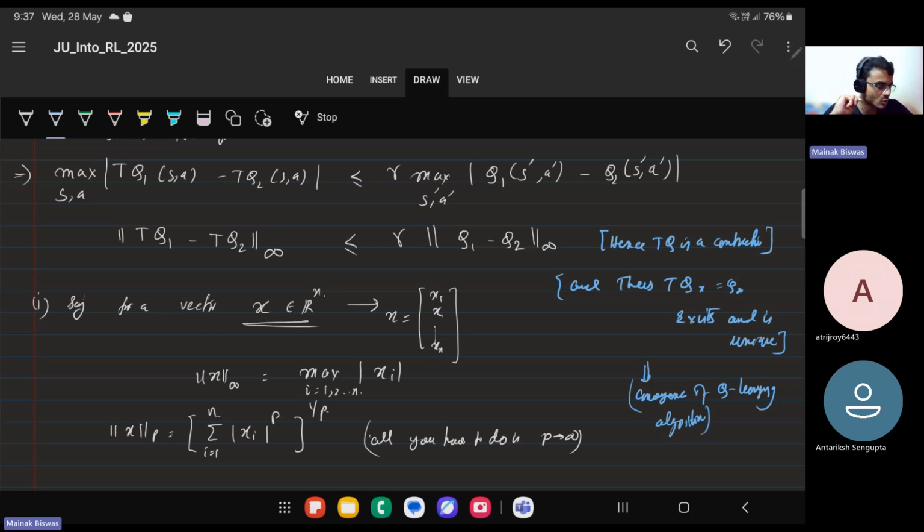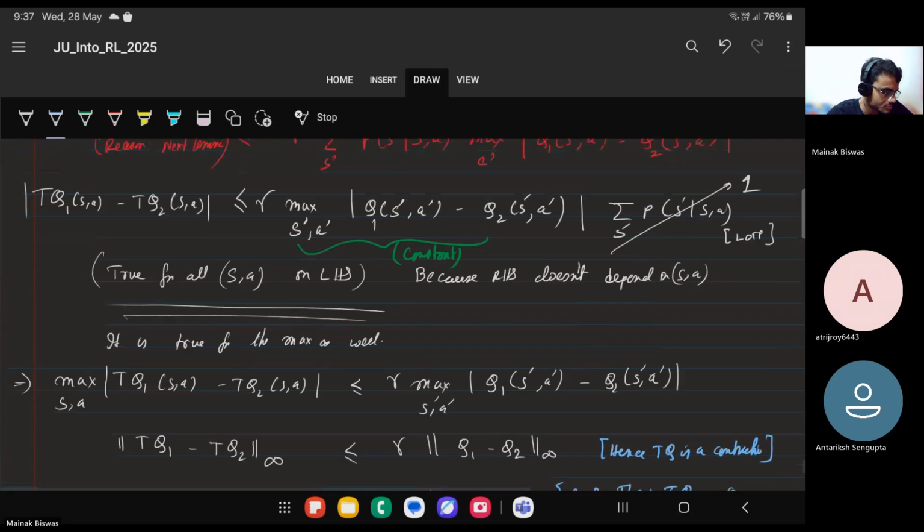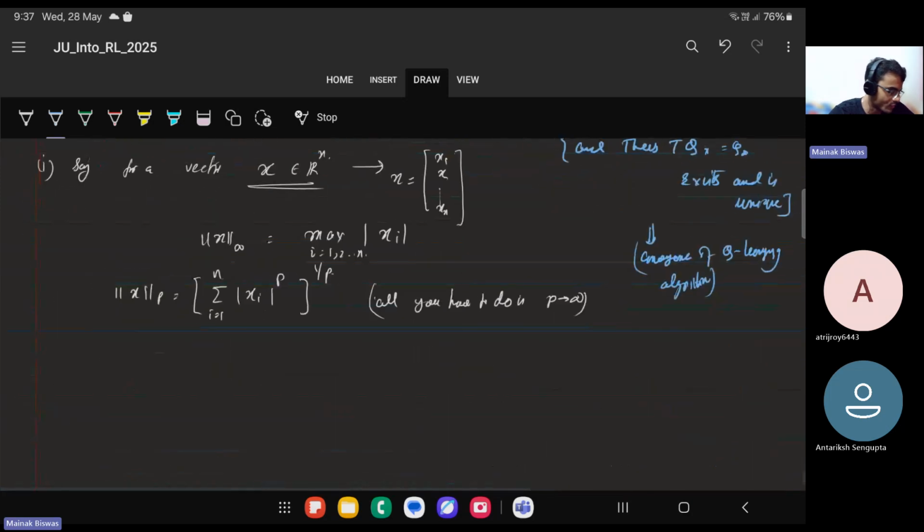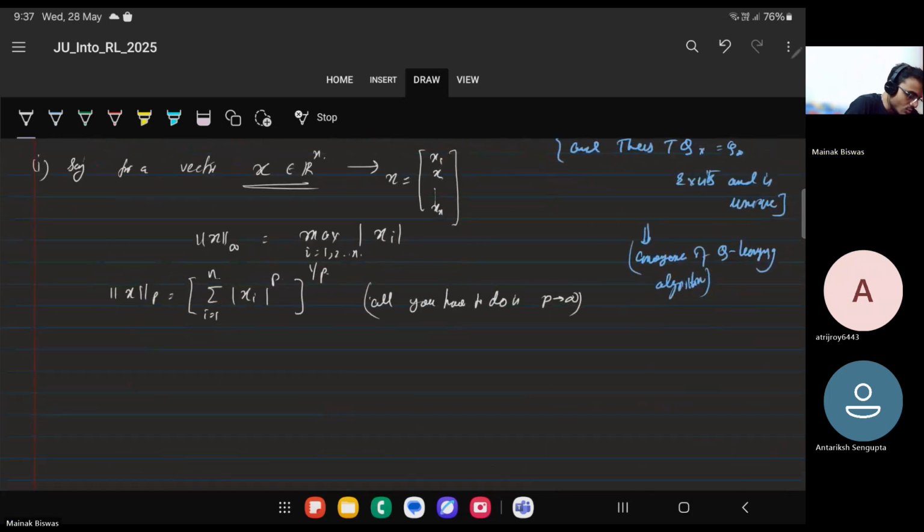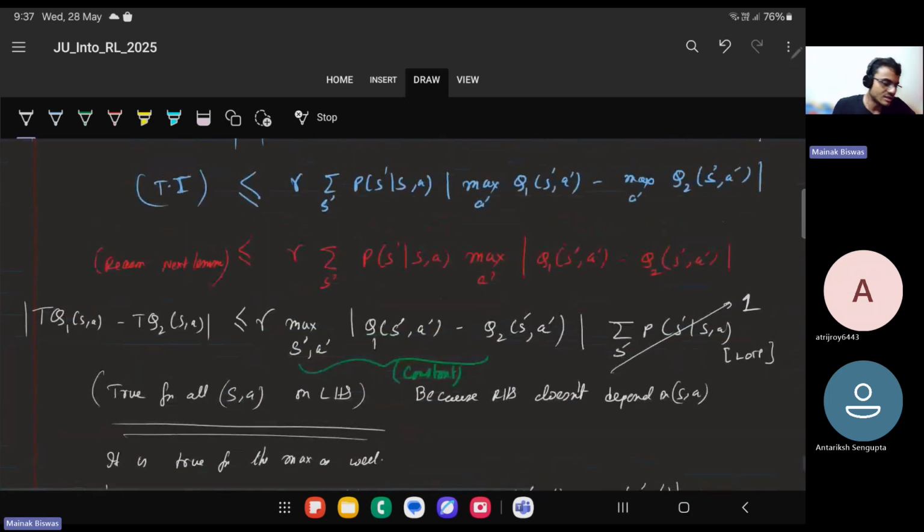Okay, so let us do the fun maths exercise now. What did we take? We said that the absolute value of the difference of maxes, if you take the max out of the absolute value, that is greater.